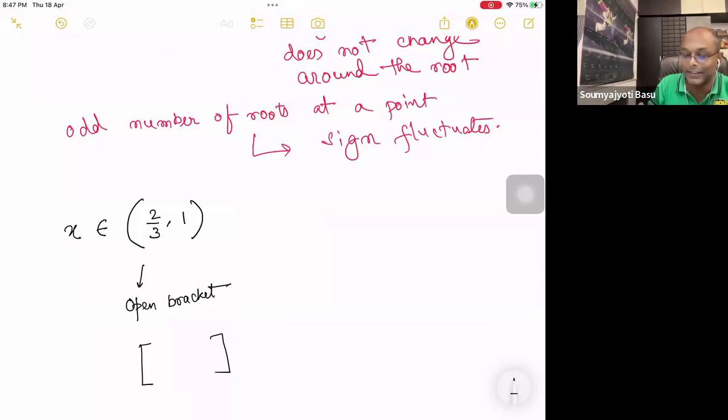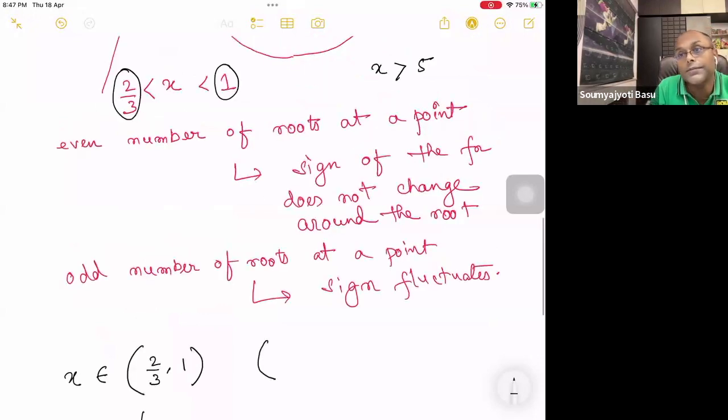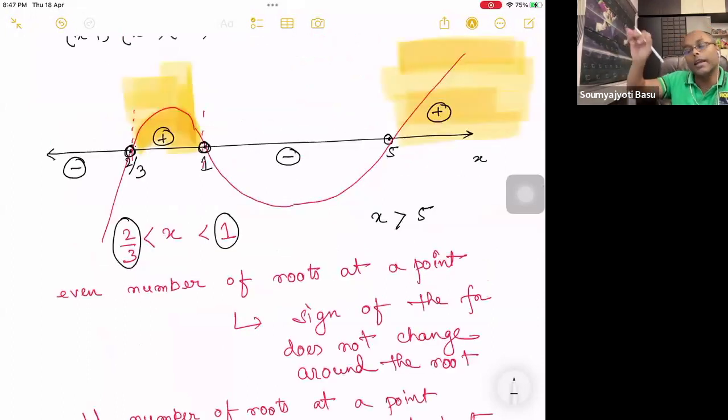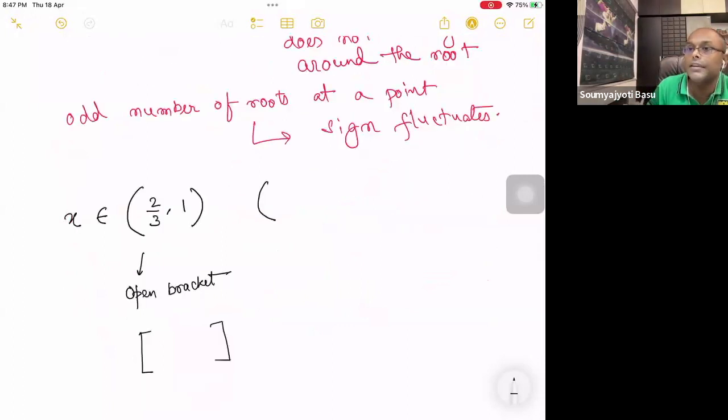And there is another region, right? X greater than 5. How do you write x greater than 5? See, it includes all real numbers that start from 5 and go on, ending at infinity. You can never reach infinity. So remember, infinity is always an open bracket. It's never a third bracket or a closed bracket. This is also known as a closed bracket.